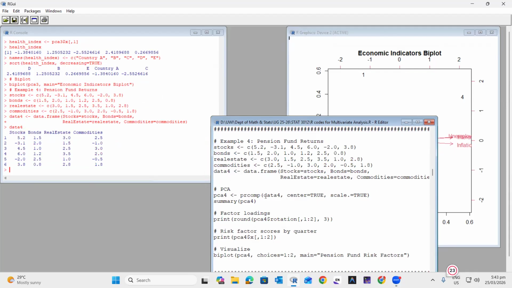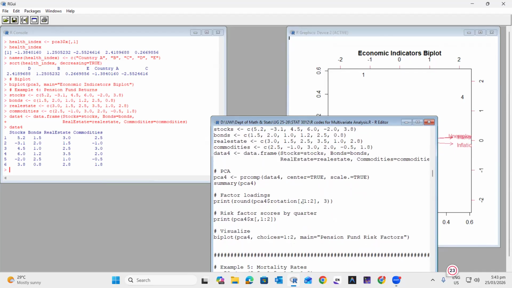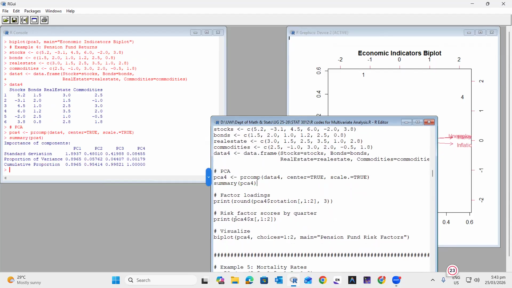So now again we are going to apply the prcomp function on the data 4. Center is true means we are going to centralize the values, and scale dot equals true means we are going to scale them to variance 1. Okay, and after that we are going to check the summary of principal component.